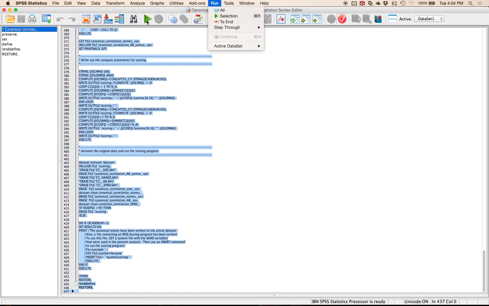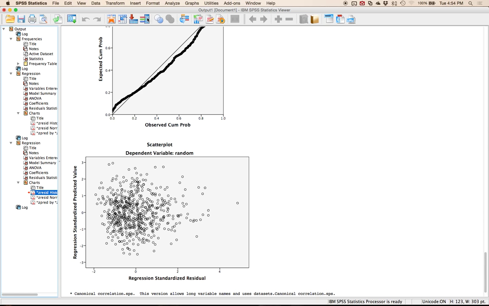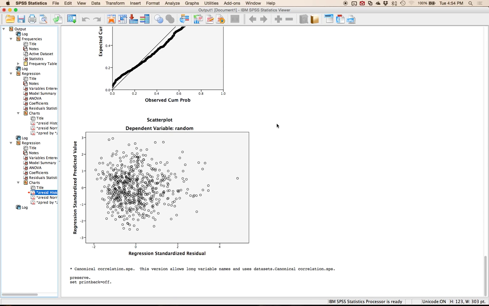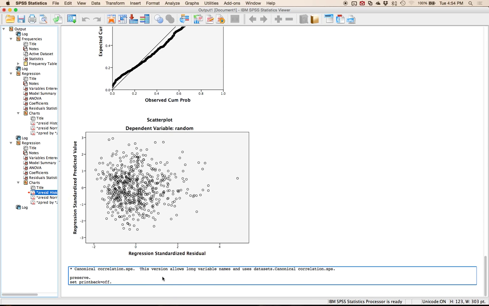But I always like to hit the green button, so I'm going to run Selection. Same thing, run the whole file. If that has worked correctly and hasn't freaked out on your computer, you'll get this CanCore SPSS. This version allows long variable names, blah. So that's basically said, I've run it, it's cool, we're done, let's do something else. So that's just getting your computer ready. It's primed to run CanCore now.